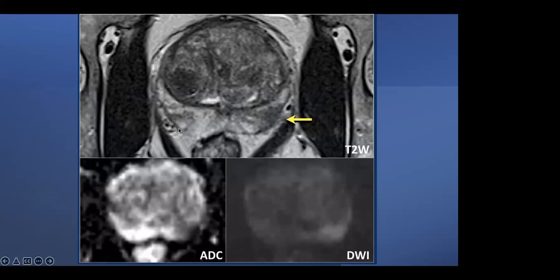Yes, this line is indistinct on the side which is marked by the yellow arrow. So there is a strong suspicion of extraprostatic extension based on this indistinct appearance of the capsule. And can we move on to the next slide, please?